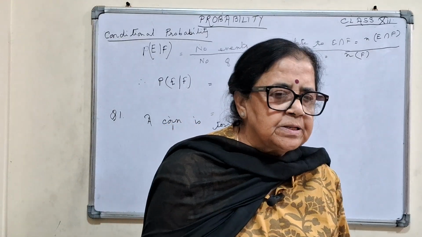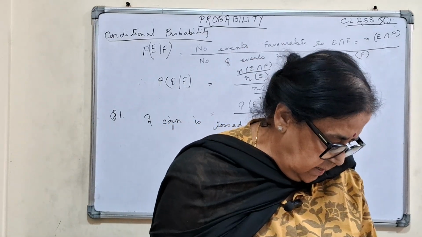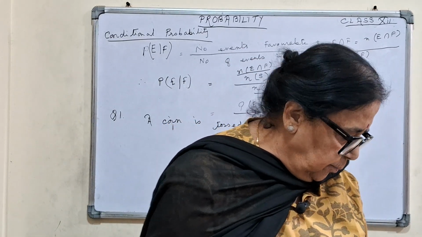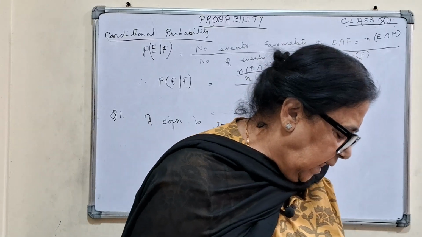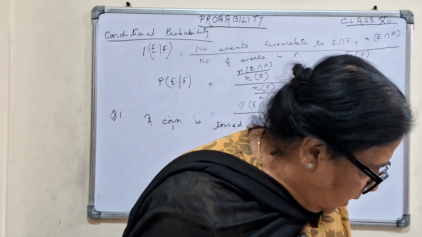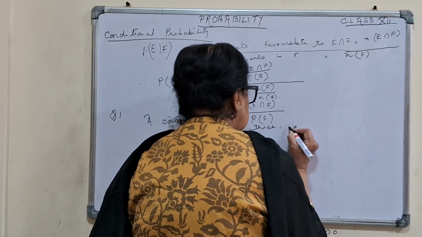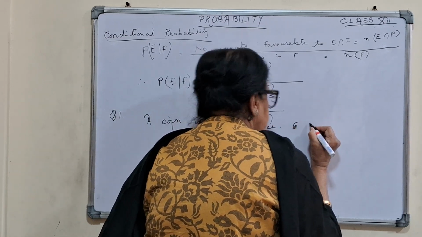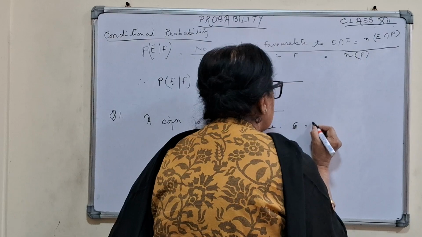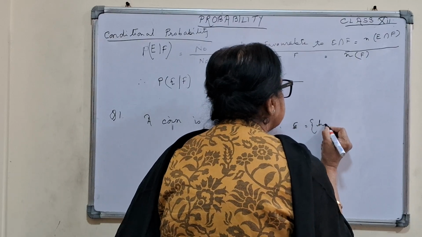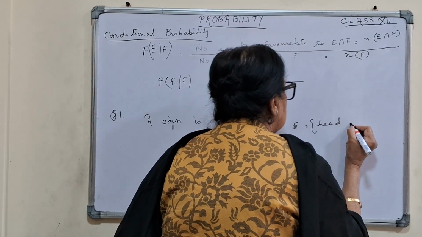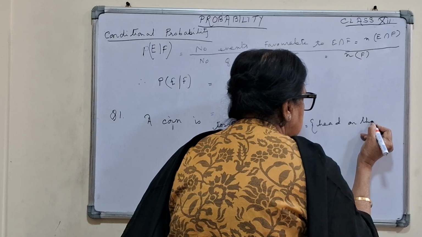Thrice, you know the sample space. And E is the head on the third toss.